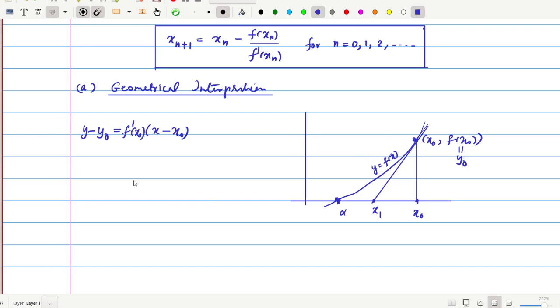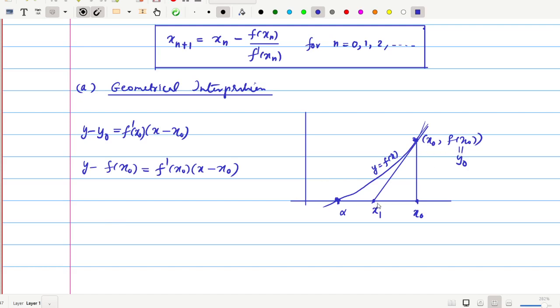Now y naught is nothing but f of x naught, so y minus f of x naught equals f dash of x naught times x minus x naught. This is the equation of the tangent of the curve y equal to f of x passing through the point x naught, f of x naught.